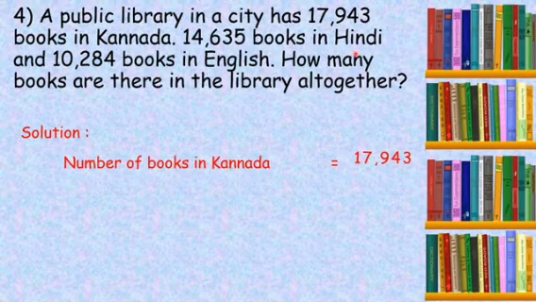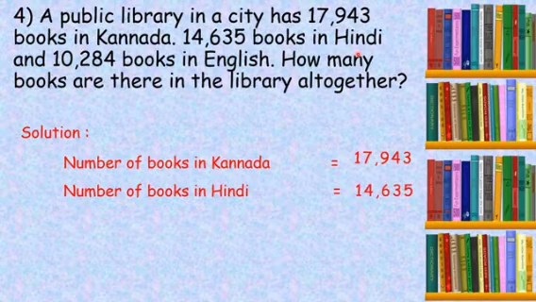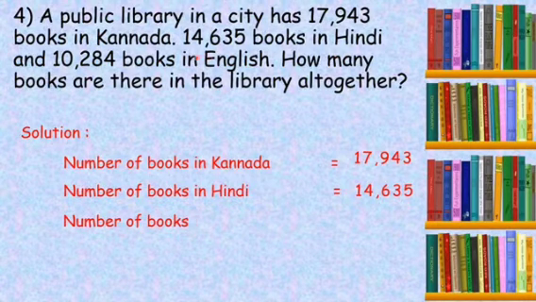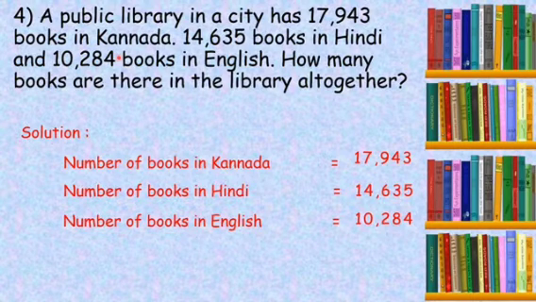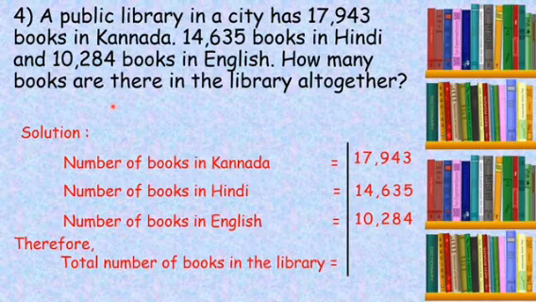Number of books in Hindi is equal to 14,635. Next is the number of books in English, which is 10,284. So therefore the total number of books in the library is equal to, we are supposed to add them.